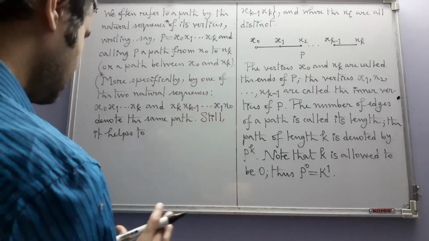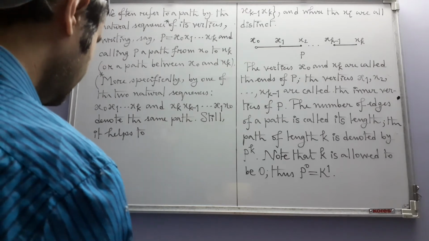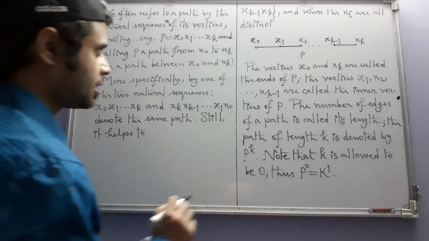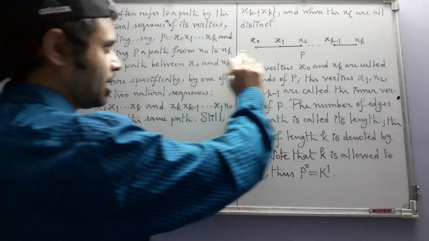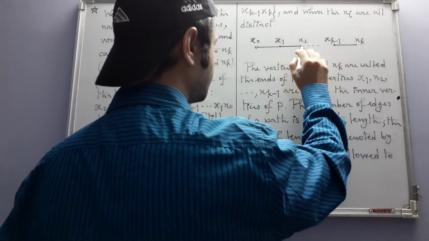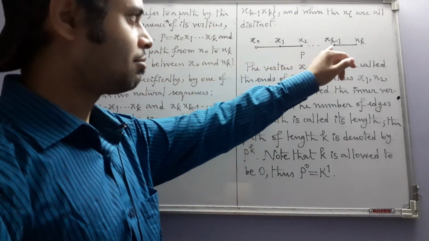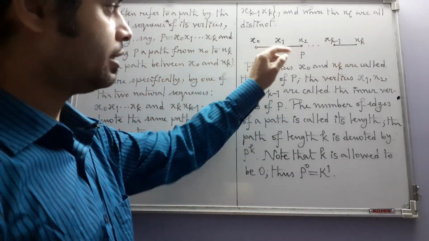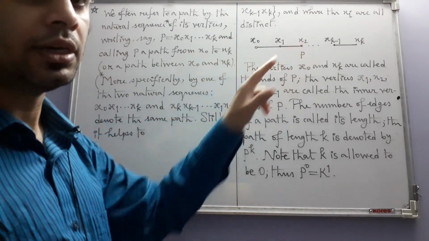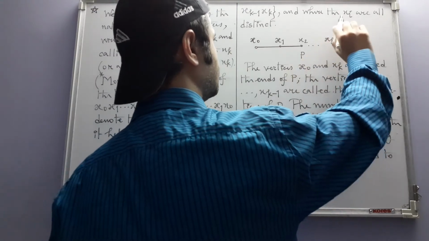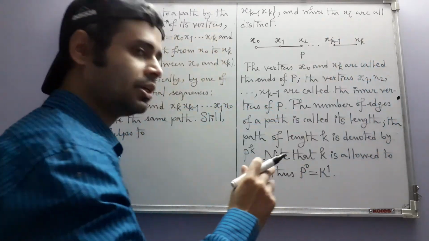We can use such things. It becomes very natural when we speak of things like, for example, you have a path where all the inner vertices have degree 2, but you may have a vertex that is adjacent to something else.